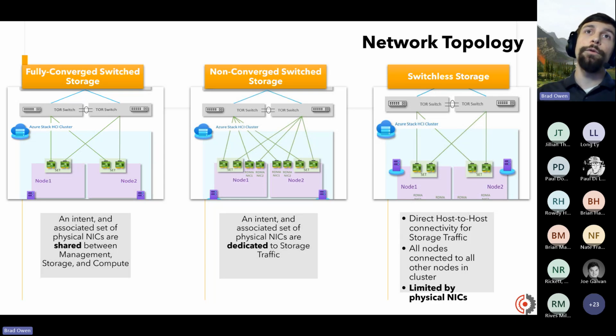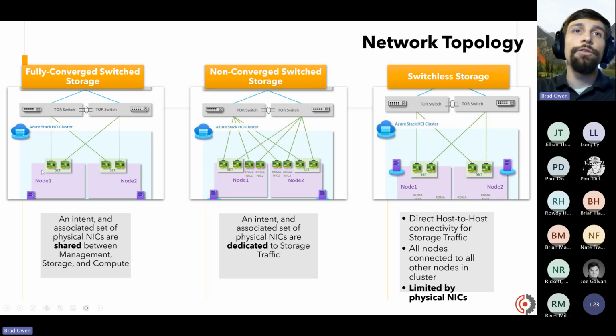The first is our fully converged switch storage. What this is showing is that we have one set of physical adapters, and on this set of physical adapters, we have redundancy to the top of rack switches. One adapter goes to the first top of rack switch, the second adapter goes to the second. That way, if we lose a top of rack switch, we always have at least one viable path still available.